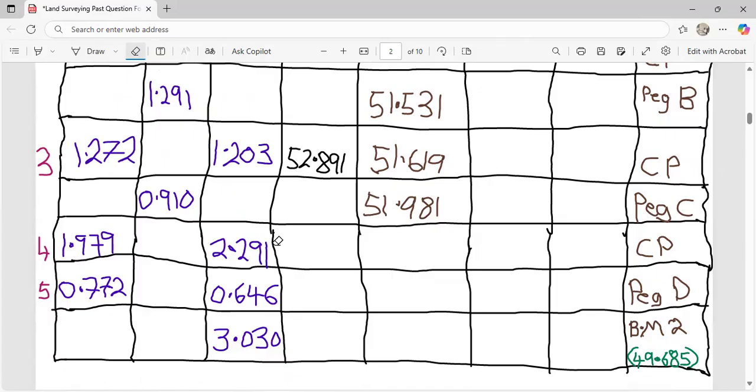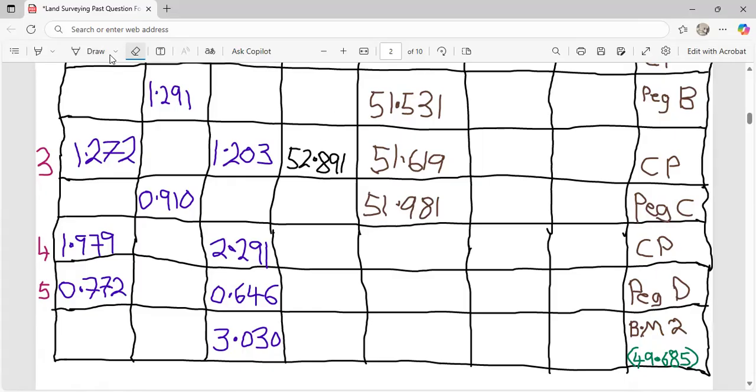From there, we have to still move to our next step. We have to calculate our next initial reduced level. And for the next initial reduced level over here, you have to subtract the fore sight from the HPC. So that is going to become 52.891 minus 2.291.